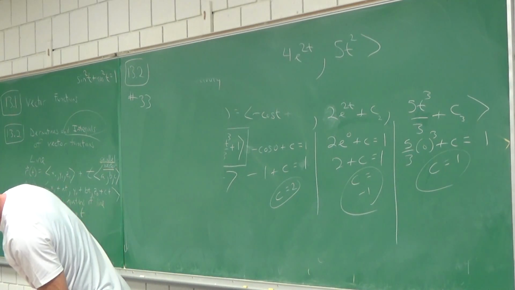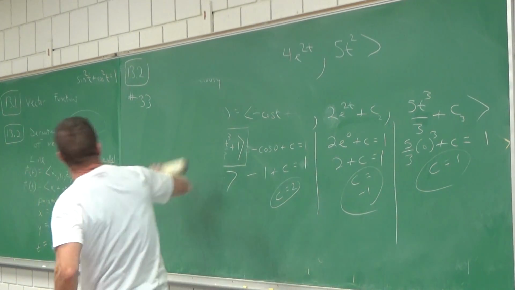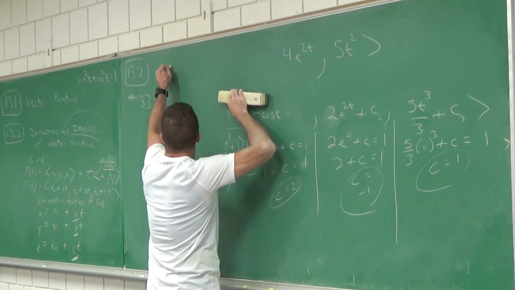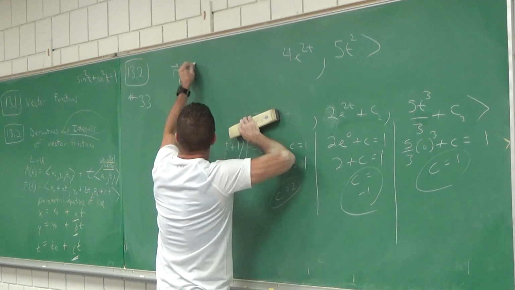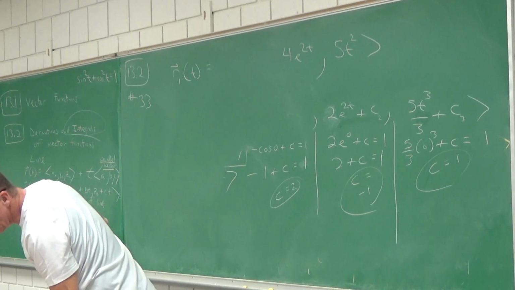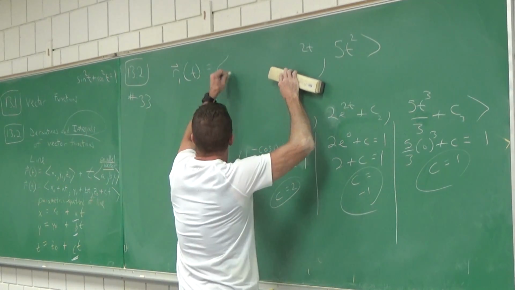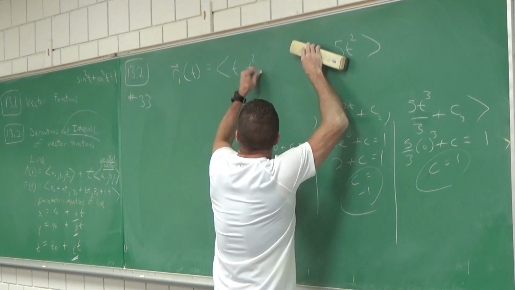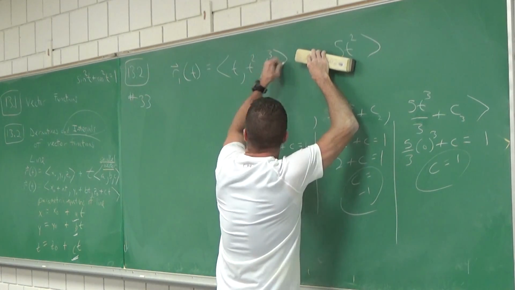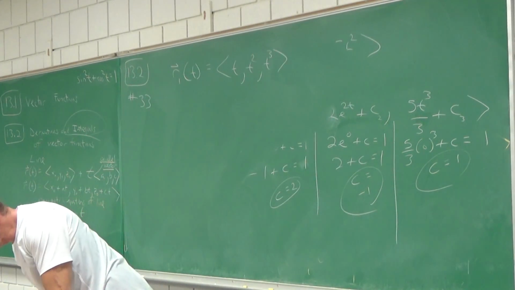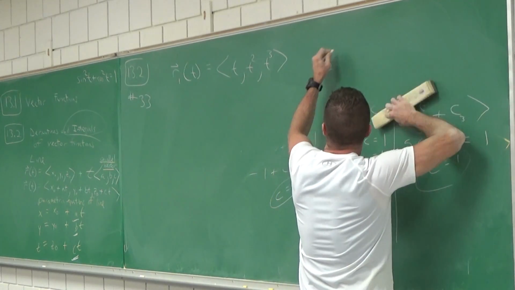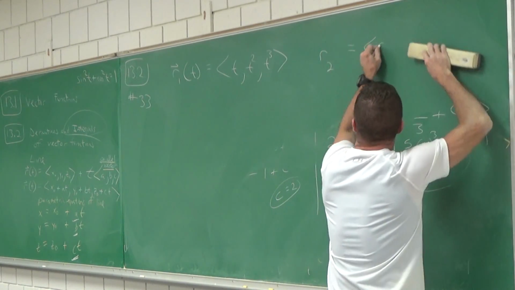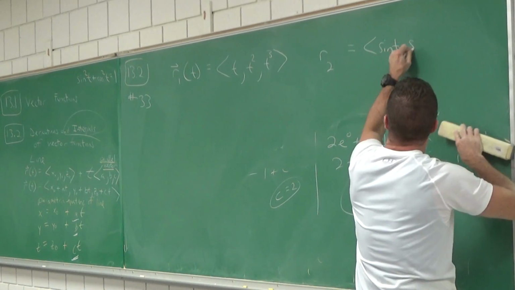Find the angle of intersection of these two vector curves. R sub 1 is t squared, t cubed. R sub 2 is sine of t, sine of 2t, and t.